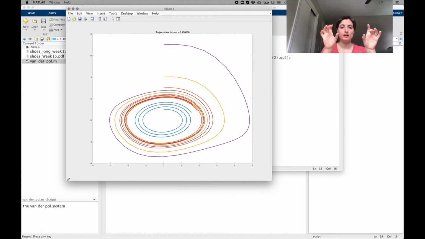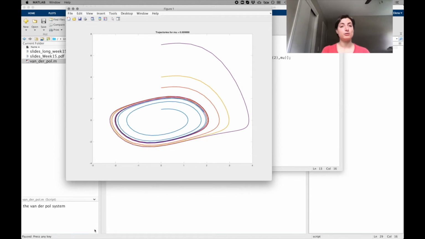You notice that they're bulging up in something that is almost periodic. I haven't plotted enough things or long enough to actually notice exactly where the periodic orbit is, but if you add arrows, you notice that the purple is spiraling inwards, while the blue orbit close to our critical point 0,0 is spiraling outwards. And in the middle between them, there is a periodic orbit.